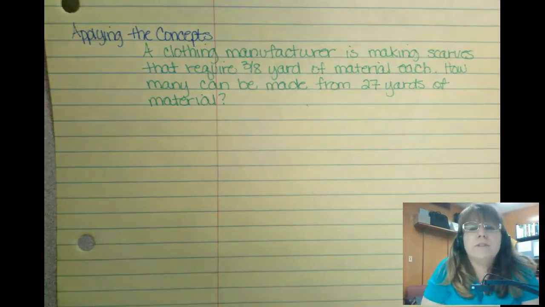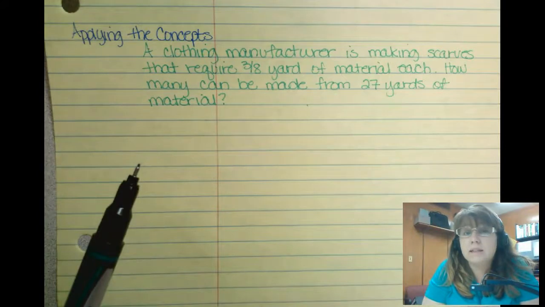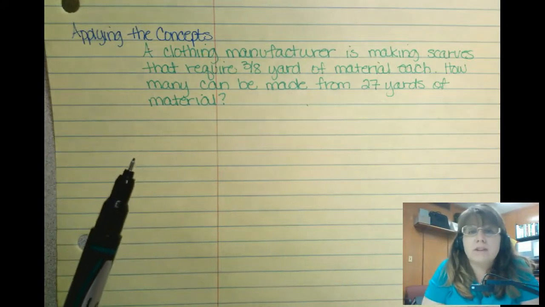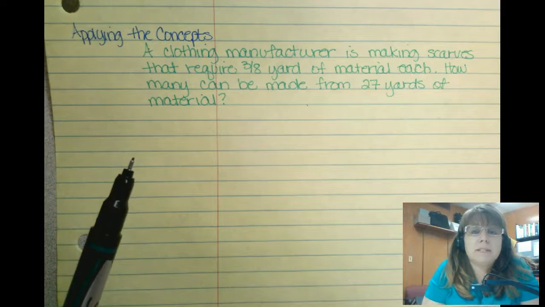So of course we're learning this math so we can apply it to the outside world. So here's one way of applying division. A clothing manufacturer is making scarves that require 3/8 yard of material each. How many can be made from 27 yards of material?